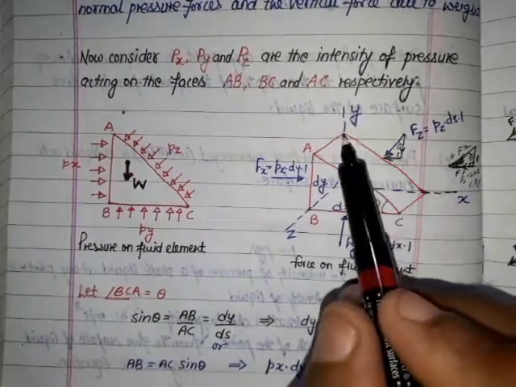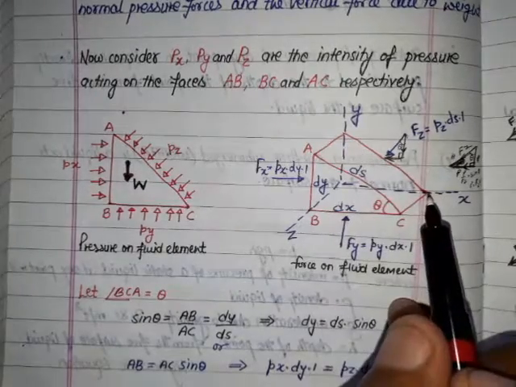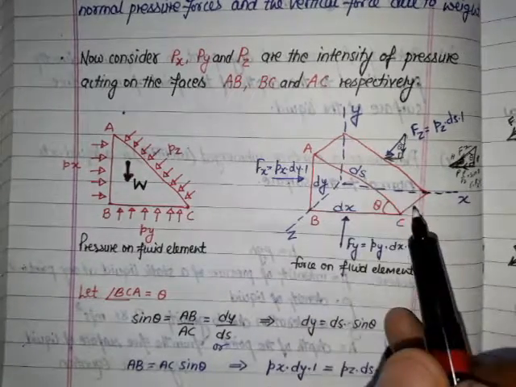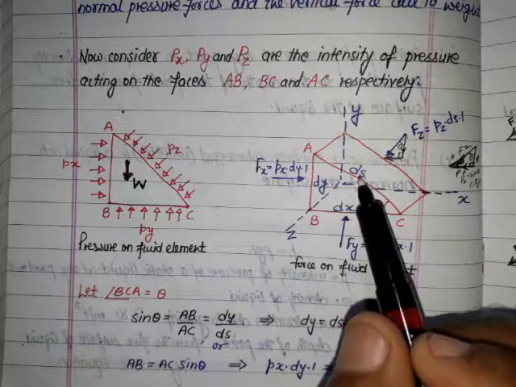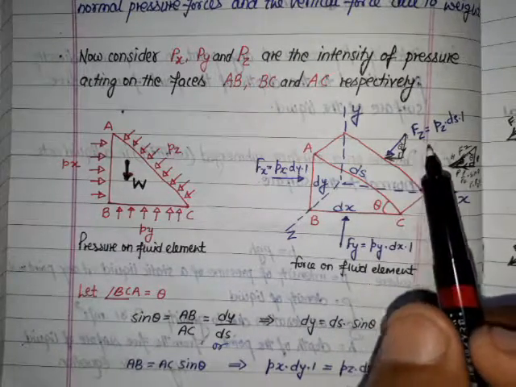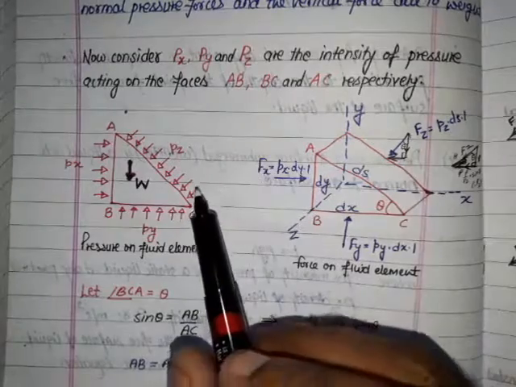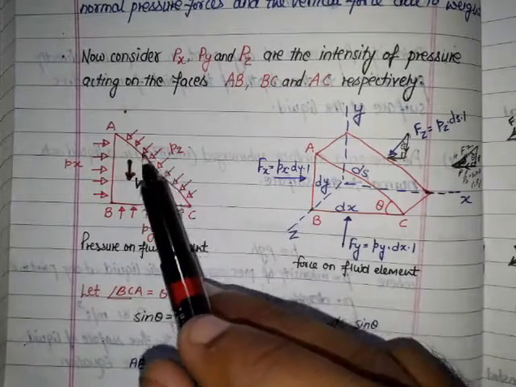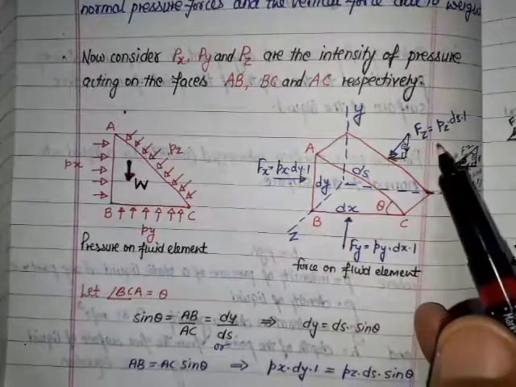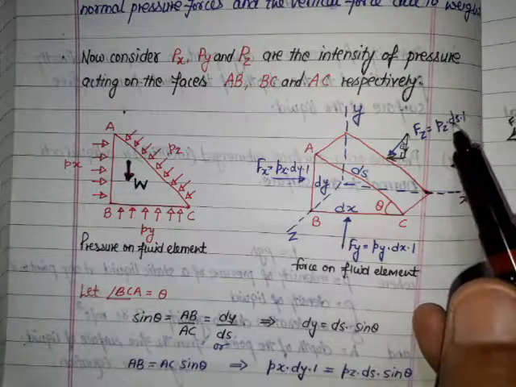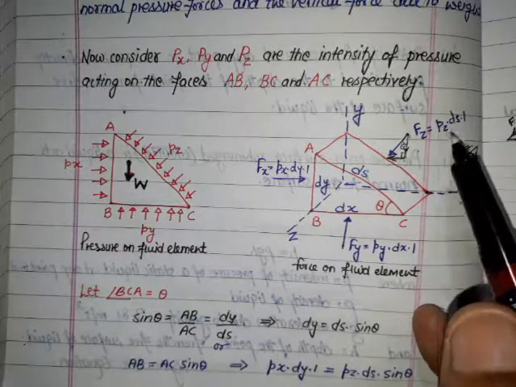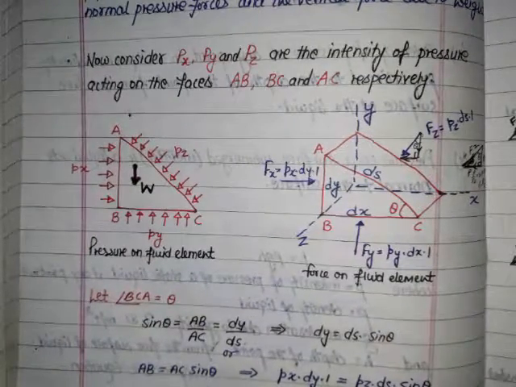Now on the face AC, the dimension is ds, width is 1, and the force acting is Fz, and the pressure is Pz acting on this face AC, so Fz equals Pz ds into 1. ds into 1 is the area, Pz is the pressure.